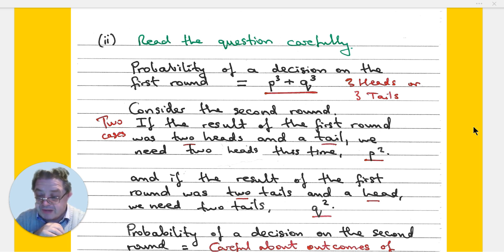If in the first round they had 2 tails and a head, the head turns over the coin, the 2 tails need to toss again, and they need to get tails again for them to move off to the tea shop, and the probability of that is q squared.